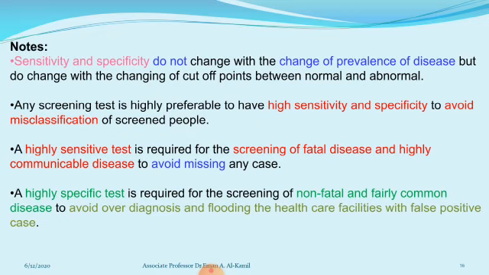We don't want false negatives as much as possible from this fatal disease or communicable disease, because we don't want to miss any case. Sometimes some diseases need immediate treatment, and this may change the prognosis of the disease, or they need immediate intervention.